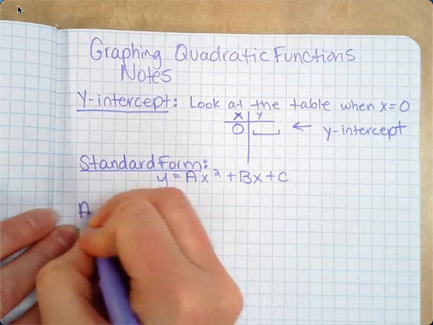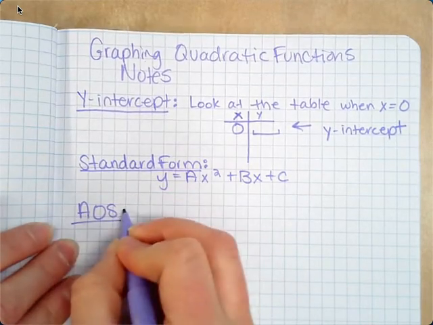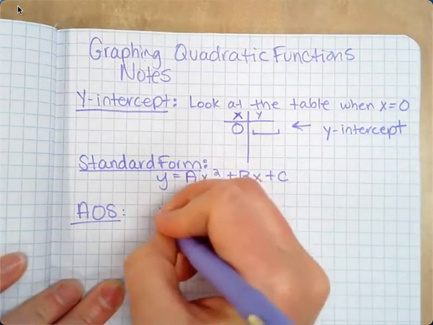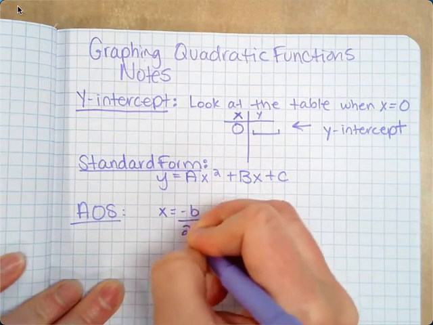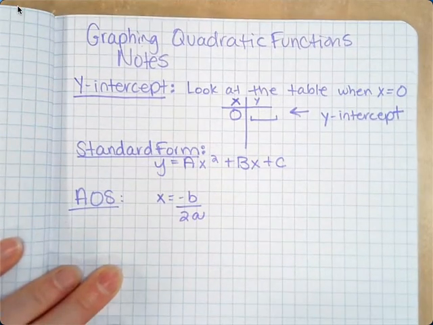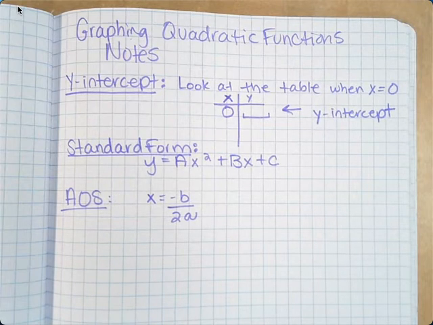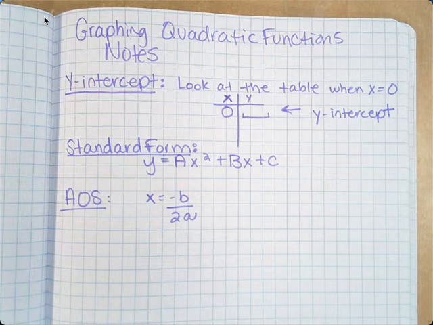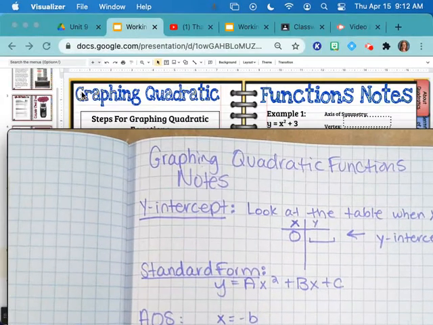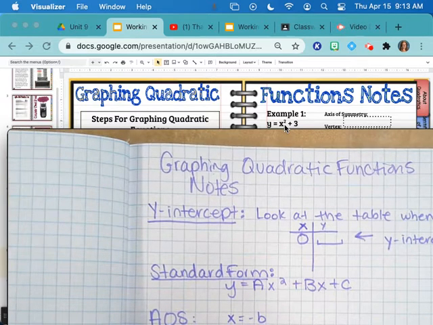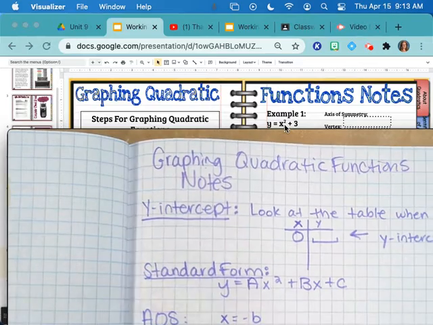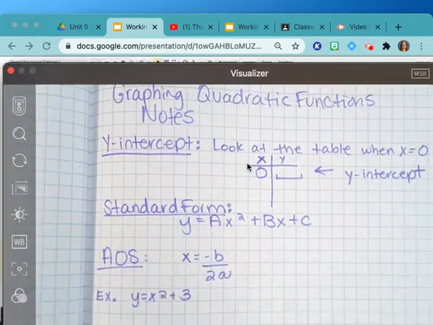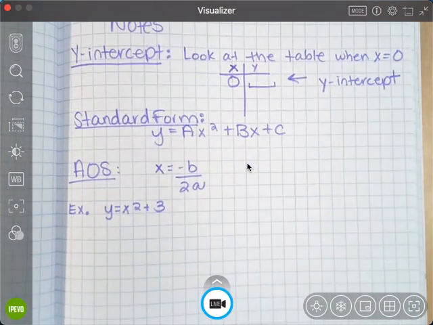So to find our axis of symmetry, AOS, we'll use the formula x equals negative b over 2a. So we are going to use our first example. So example 1 is going to be y equals x squared plus 3. And we are going to find the axis of symmetry.